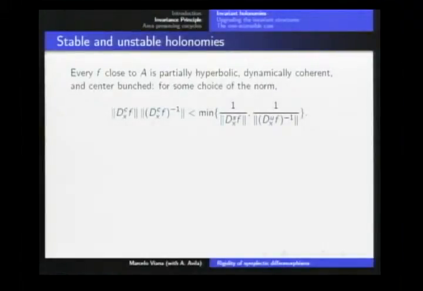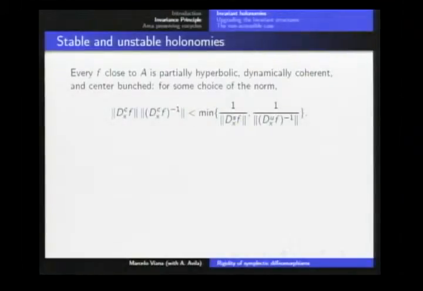You look at the norm of f along the derivative along the center, divided by the conorm. For A, for the initial map, this would be 1. Now, on the right-hand side, I have 1 over the derivative along S. Since this is a stable direction, this denominator is smaller than 1.